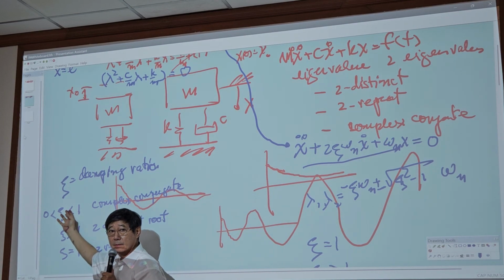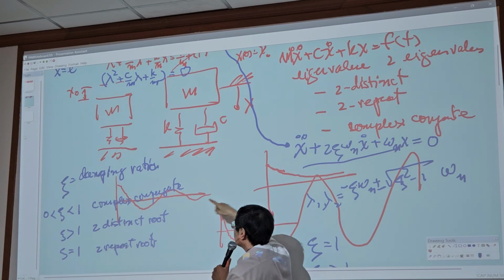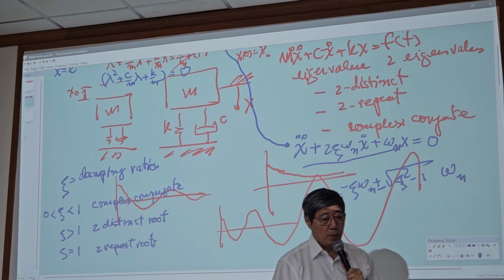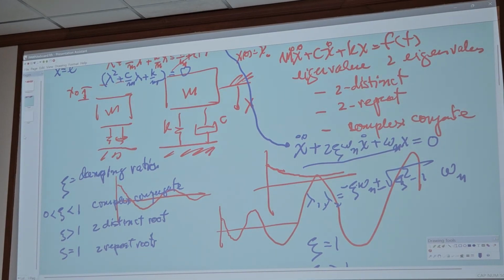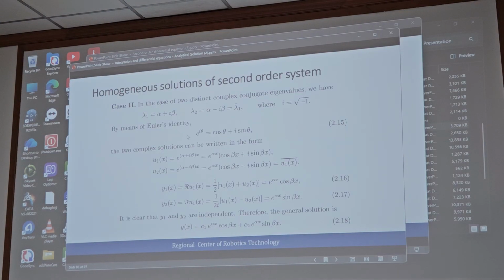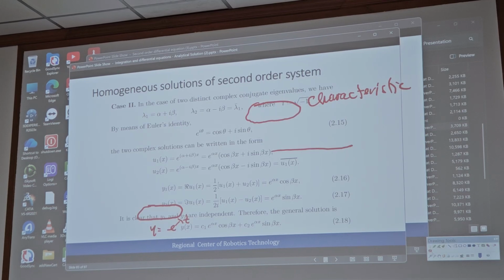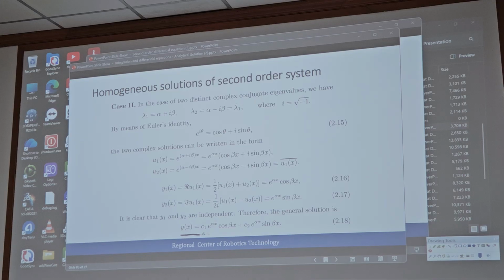Remember, if you have complex conjugate, you have this one. As I mentioned, this one can be written in this form.